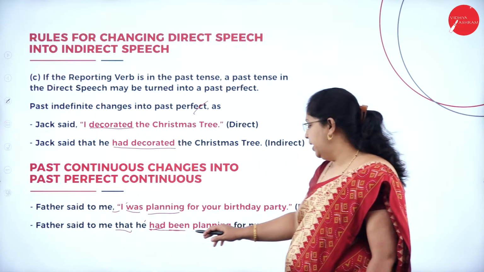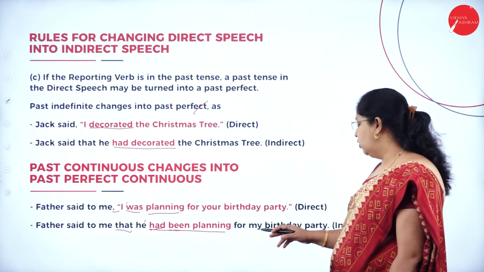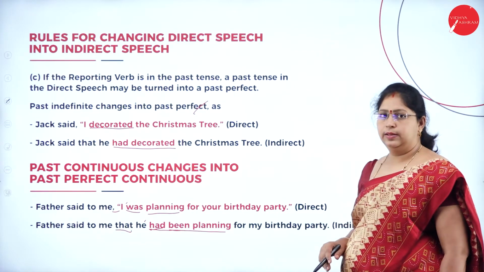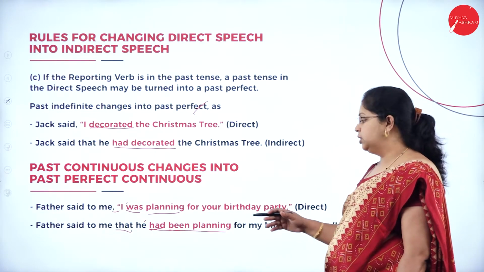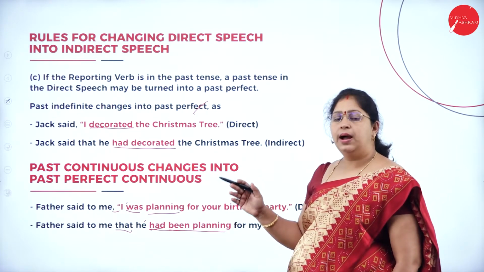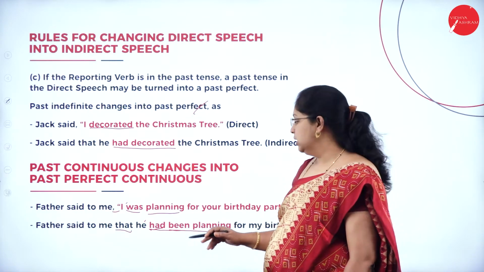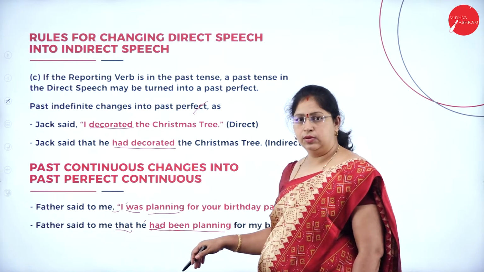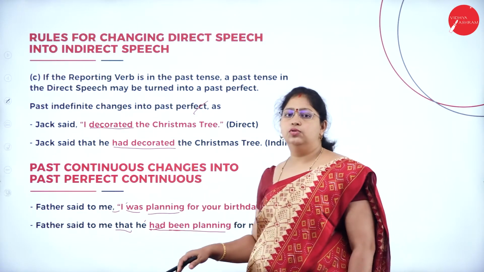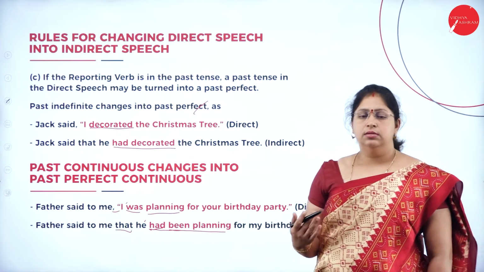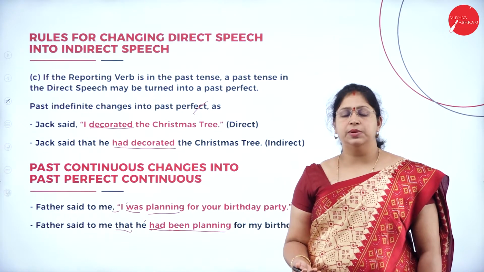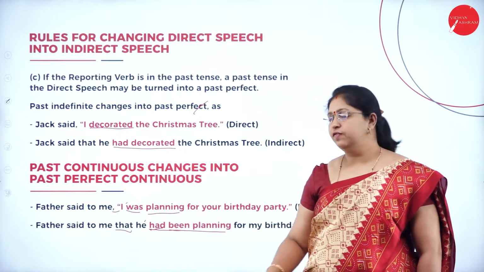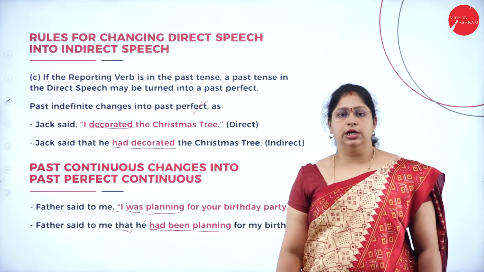So, he had been planning for my birthday party. As we need to change it to past perfect continuous, we cannot write was itself, we need to write had been. This is the change you need to make when changing direct speech to indirect speech under the condition of the past continuous tense.